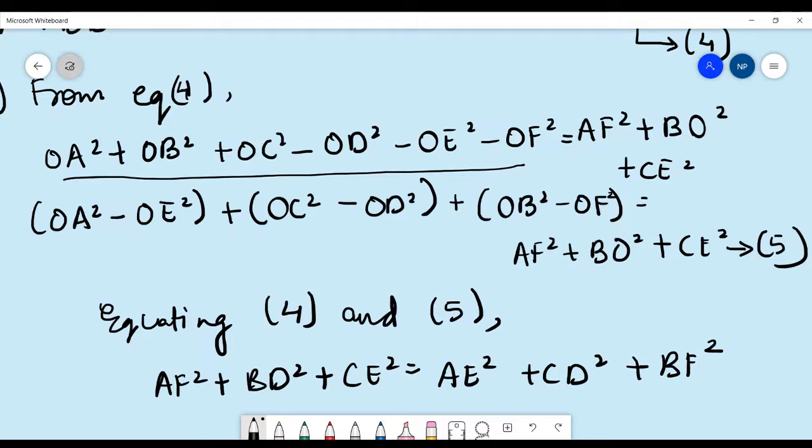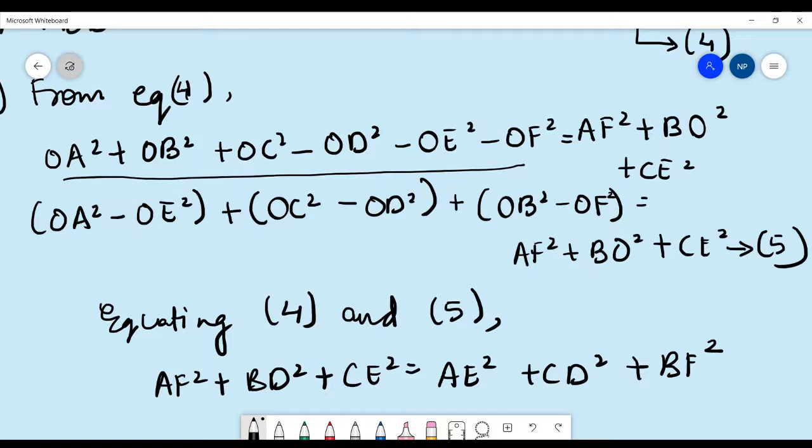Okay. So after equating these two terms, we get AF square plus BD square plus CE square is equals to AE square plus CD square plus BF square, as OA square and OE square, all these terms will get cancelled. So this proves your second part. The calculation part, 4th and 5th, you can do it on your own.